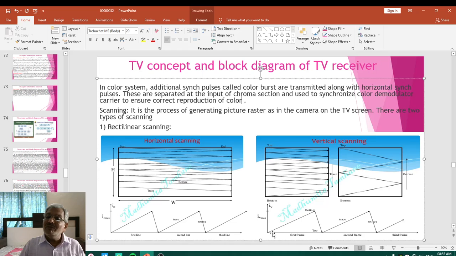Now remember, within one vertical trace period, 625 horizontal lines are scanned. But within the vertical retrace period, it takes 40 horizontal lines to reach from the bottom right to the top left of the screen. Thus 625 minus 40, that is only 585 lines, are active lines.